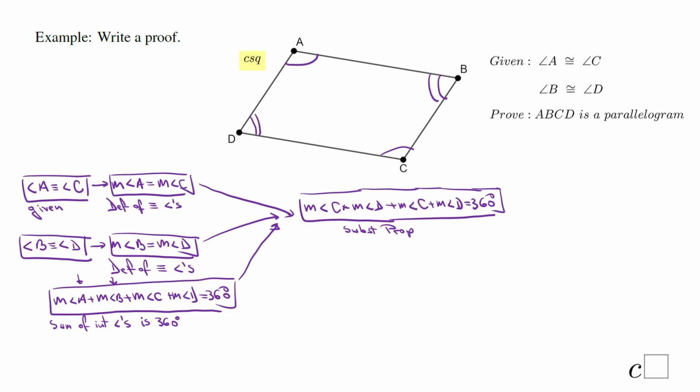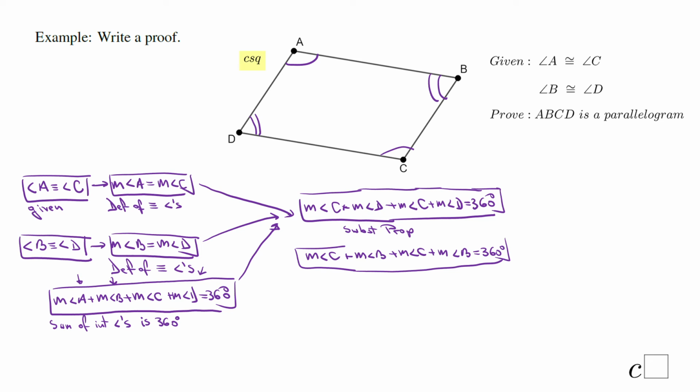Now, very similar, I can do another substitution. I'm going to replace angle A with C, but I'm going to keep now angle B, and I'm going to replace this angle D now with angle B. So you notice my goal here was to get rid of two of the four angles and keep in this statement only two angles.